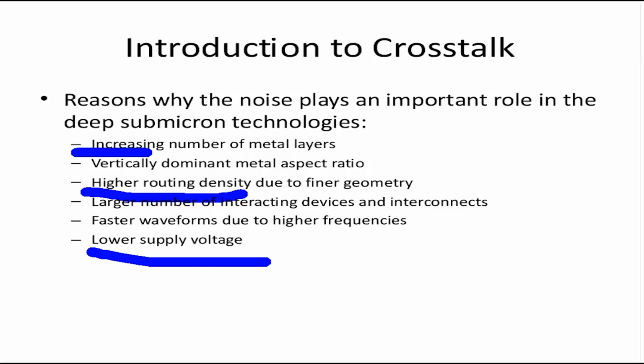Also, the waveforms are faster because the frequencies we are targeting are higher. The CPU frequencies are increasing like everything. Desktop CPUs have gone beyond 3 GHz and so on. So there are faster waveforms now due to higher frequencies. All these effects are causing noise and crosstalk to be a dominant factor now.